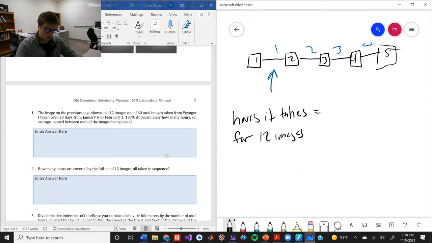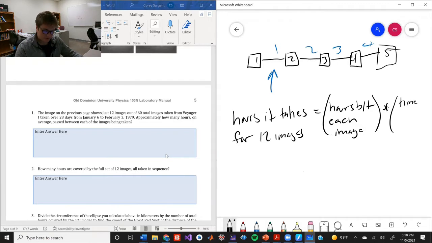That equals the hours between each image times the time intervals.